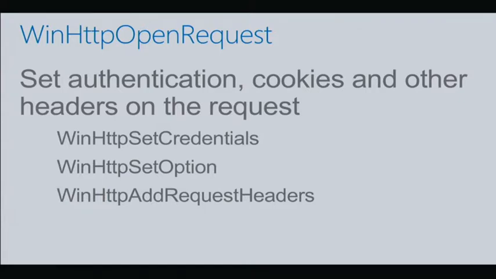Aside from the x-request type header, we add the cookies we get back from the server as other headers, and we set the authentication scheme using the set credentials call. I'll talk a little later about how we choose the authentication scheme.